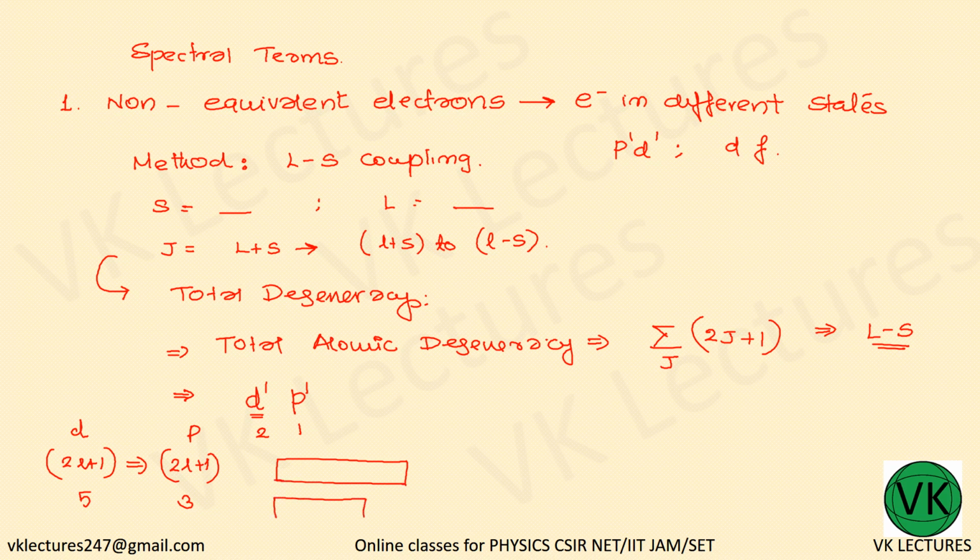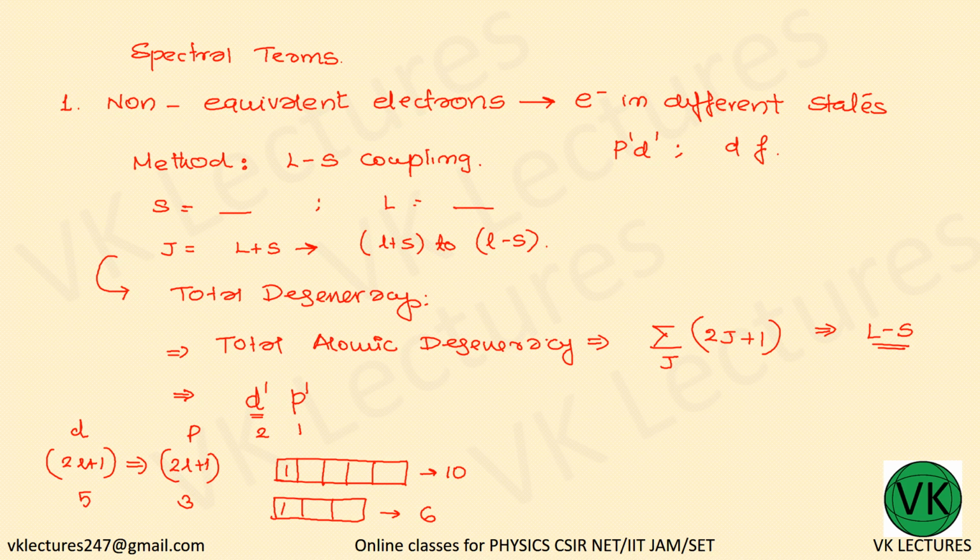Each of these orbitals can hold 2 electrons due to pairing. So in D we can have 10 electrons, and in P we can occupy 6 electrons.